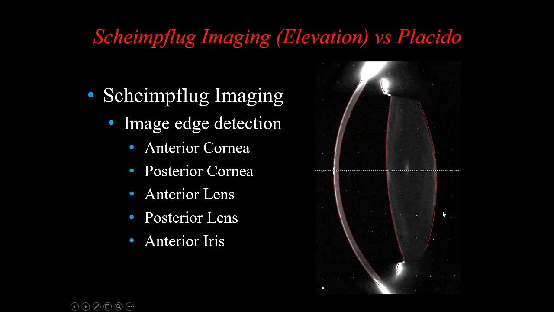Often you can't normally see this unless you dilate the eye, which this obviously is, a very dilated eye. If you can measure all these surfaces, you can then measure corneal thickness throughout the cornea, so you get a corneal thickness map. You can measure anterior chamber depth and lens thickness, and you can also measure the density of the lens.